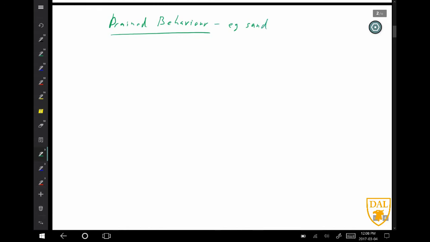But really, it's kind of relative. It depends on the loading rate and the hydraulic conductivity of the material. So first, let's just talk about a cylindrical specimen being tested.